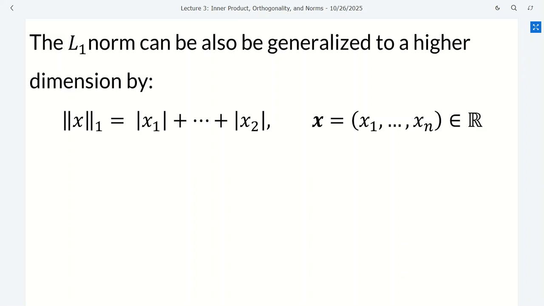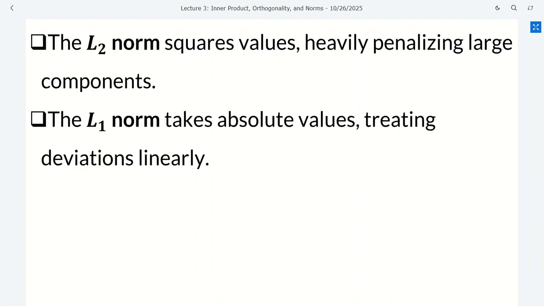All right. So this one can also be generalized to a higher dimension. Sorry, here is supposed to be n, not 2. If you generalize it to a higher dimension, it's just a matter of adding the absolute values of the individual components of the vector, and you get the L1 norm. The L2 norm squares values and penalizes large components.